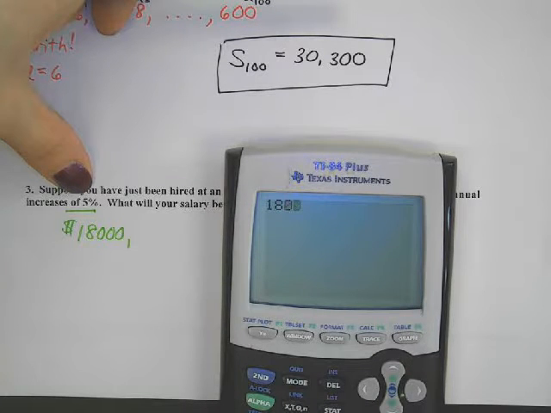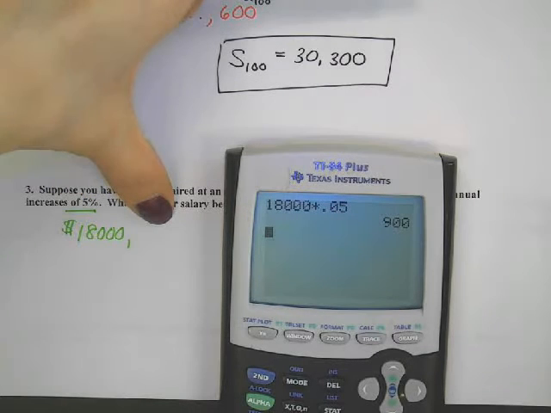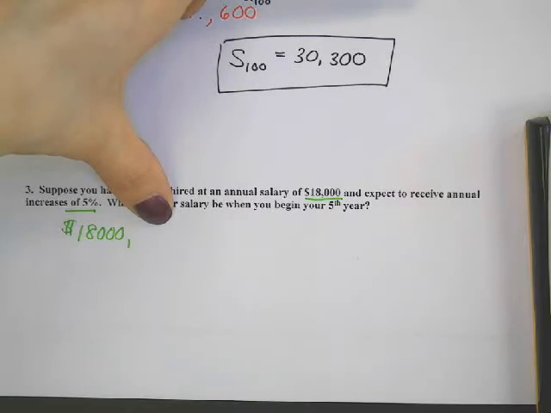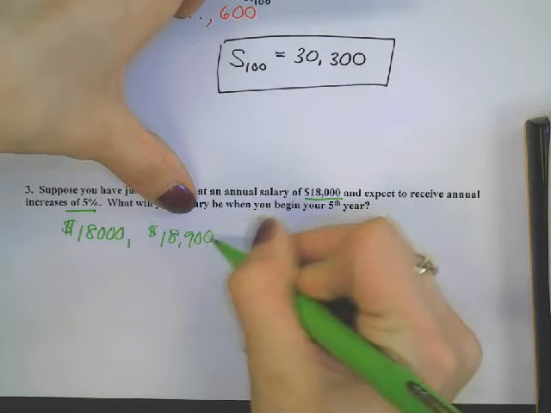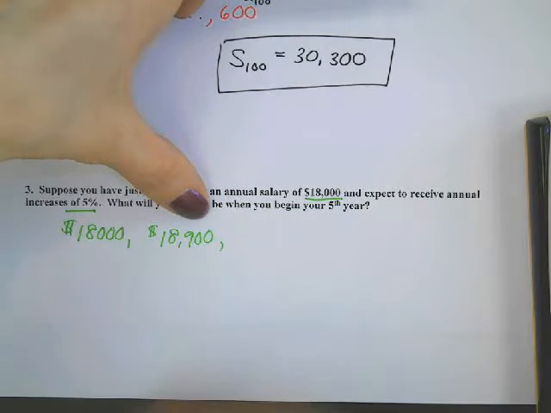If we take 18,000 and times it by 0.05, 900. Is next year's salary 900? No, of course not. It's 18,000 plus 900. So the next year's salary is going to be 18,900. Okay, and we can keep going with that process.